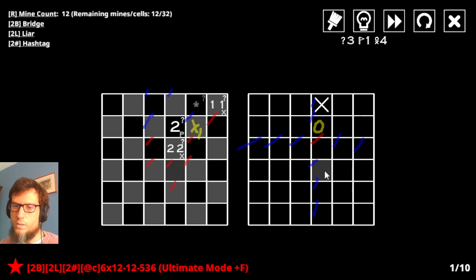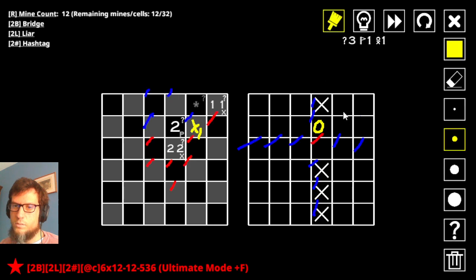So we have that at least. Okay, because this has to go here. And if that is the case, and this 2-2's honest, so it needs, if this isn't one, then both of these have to be, so that's a mine, clearly.